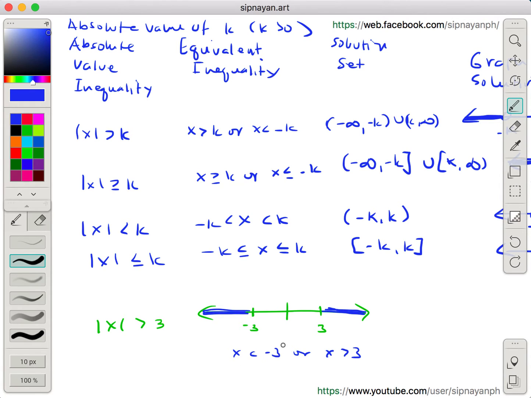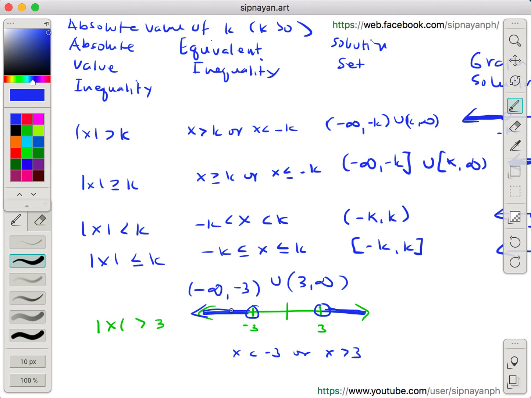This holds for any such number k. The solution set is from negative infinity to negative 3, union 3 up to infinity. The 3 is not included because it is greater than, with no equal sign. In general, it is from negative infinity to negative k, union k to infinity. This is its graph: the 3 and negative 3 are not included, so we have open circles.